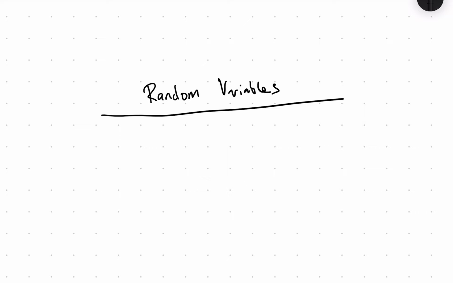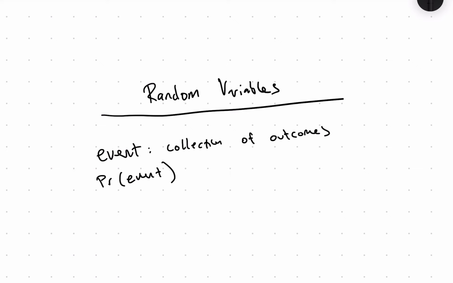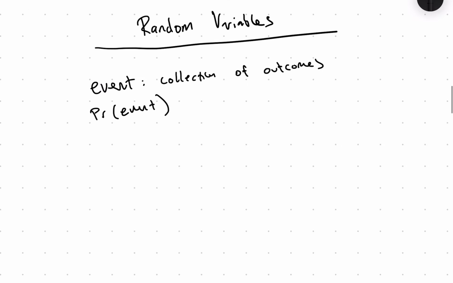Before, we were talking about events, and an event was kind of just a collection of outcomes. And events had a probability. That's pretty cool, but what if you want to collect more information about an experiment?